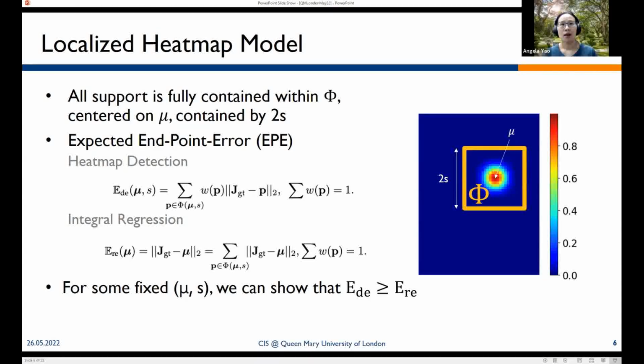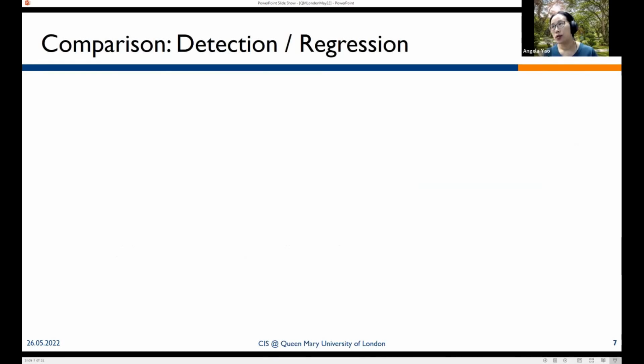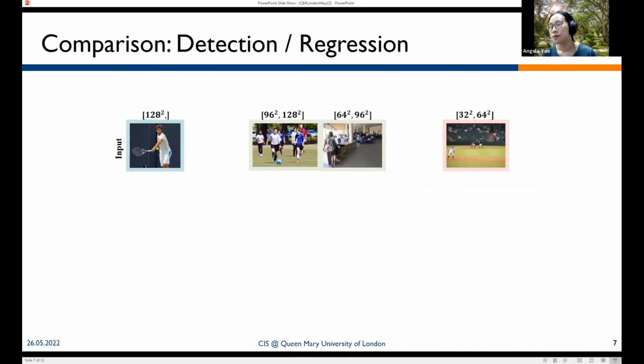Okay, so is this true in practice? We do a systematic comparison, and we went one step further and broke down the datasets into different sub-benchmarks, because we also wanted to investigate whether it is really better, and in which situations it is better. So we created sub-benchmarks by dividing, for instance, MS COCO into different factors.